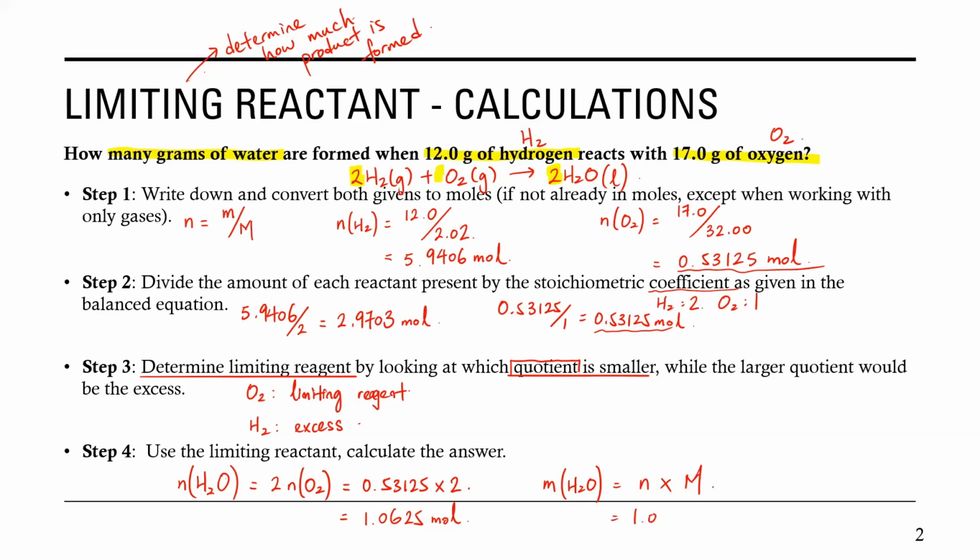So it's 1.0625 times 18.02. That gives us 19.146, but let's just round off to 19.1. Because all the values are 3 SF, you just round off to the same number of SFs.